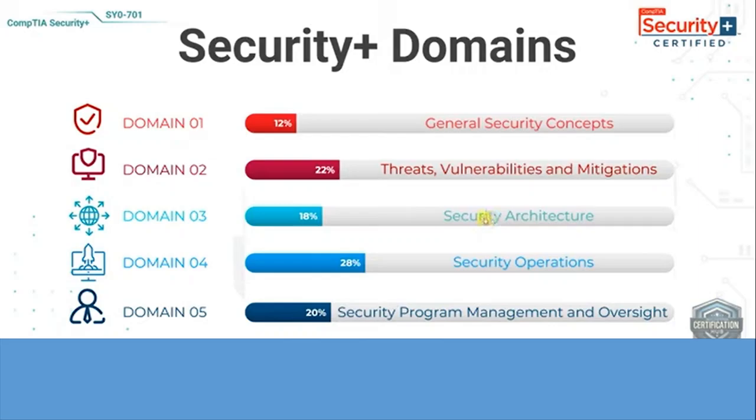So now we are moving to Domain 3. In this we are going to discuss security architecture, and you will learn about the different methods which are related to security, and also about cloud computing, virtualization and different architectures.